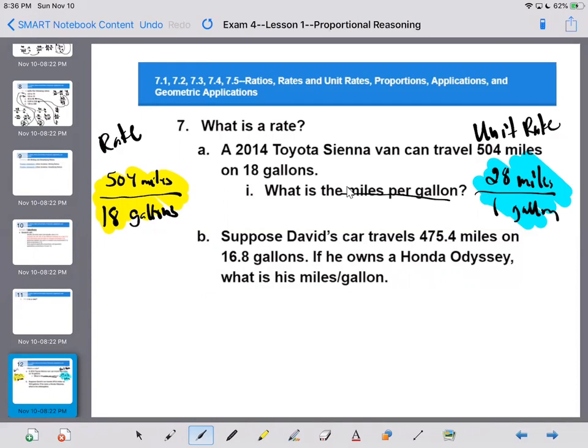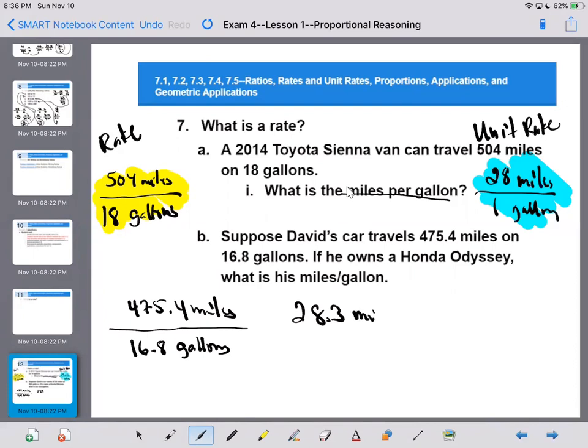So suppose David's car travels 475 4/10 miles on 16 8/10 gallons. Now this is a calculator module, part of the exam, so you can use a calculator to help you simplify that. This would be 475 4/10 divided by 16 8/10, and that's going to give you about 28 3/10, if you round, miles per 1 gallon.